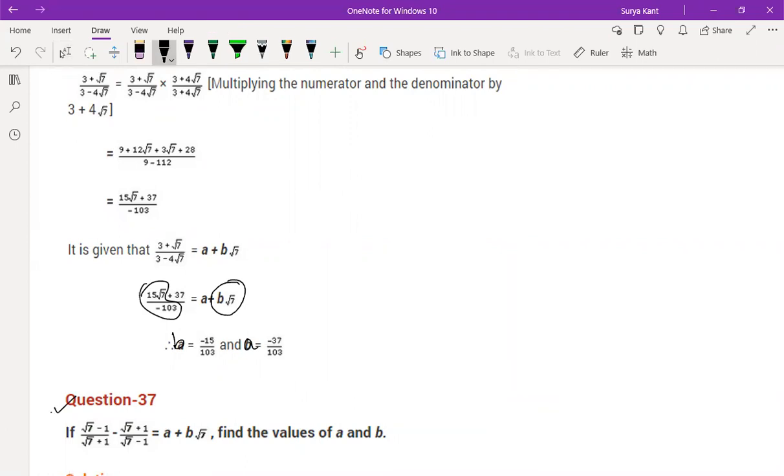All of you find this answer fast. Harini, you should do question number 37 and find the value of a and b.